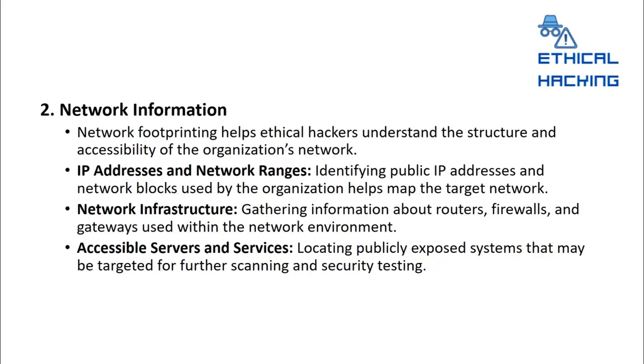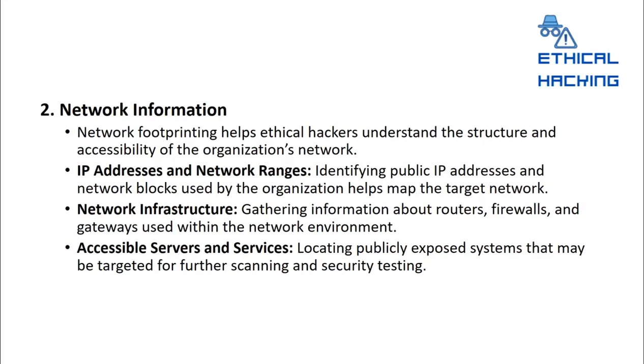Then the second kind of information is network information. It helps the ethical hackers to understand the structure and accessibility of the organization's network. That is based on IP addresses and network ranges that help to mark the target network.